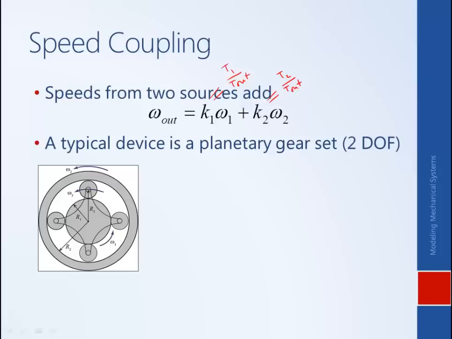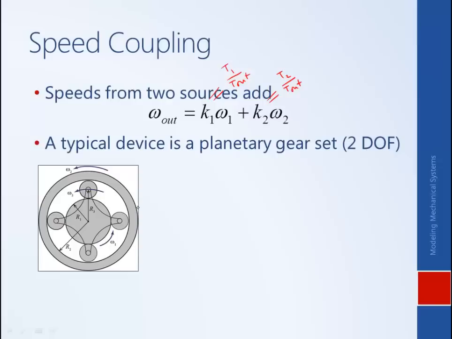And so if we think about this, for example, if the ring was fixed and the IC engine was running, turning this central gear, it would cause these outer gears, the planet gears, which are connected together with a yoke, to move at a certain speed. So if the IC engine's moving with a certain speed, that'll cause the carrier to move with a certain speed.